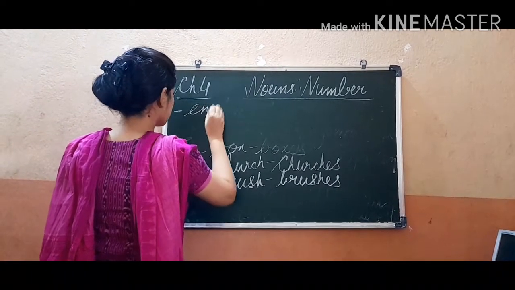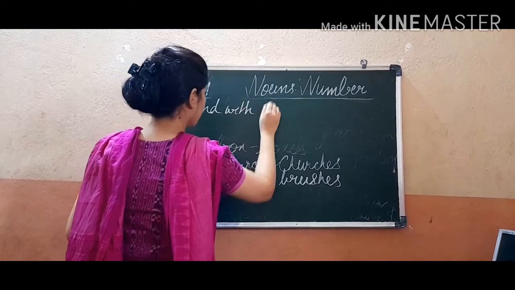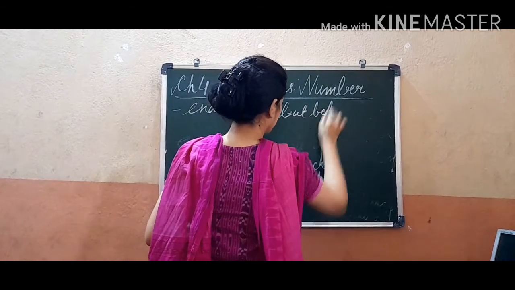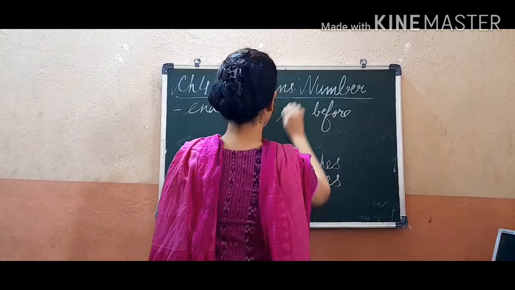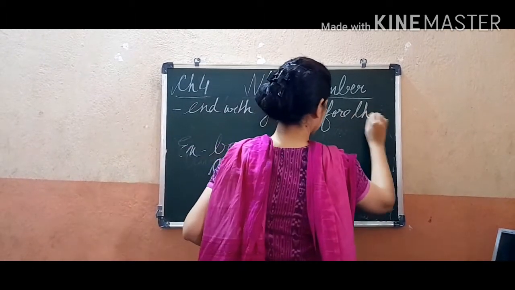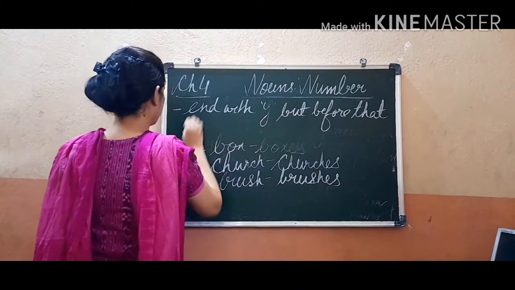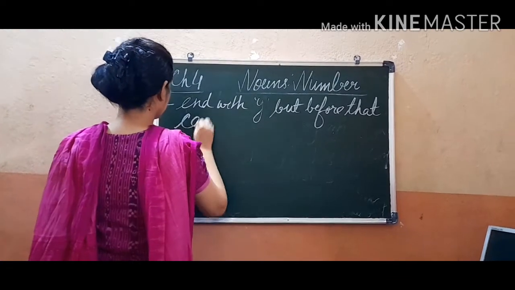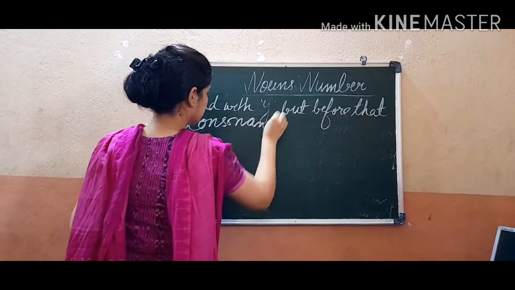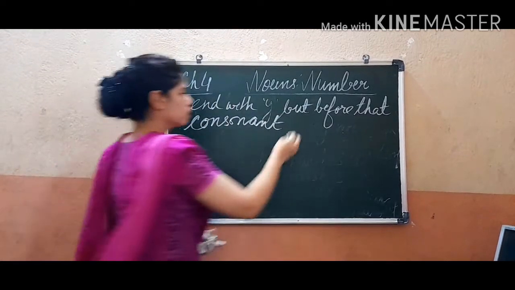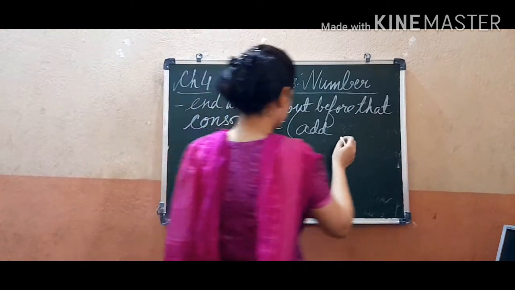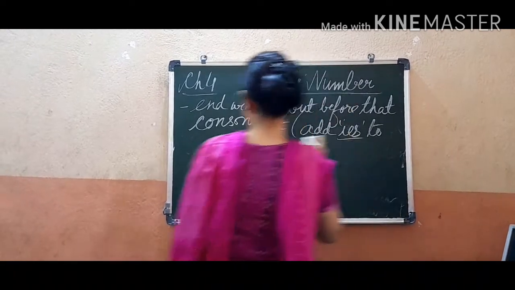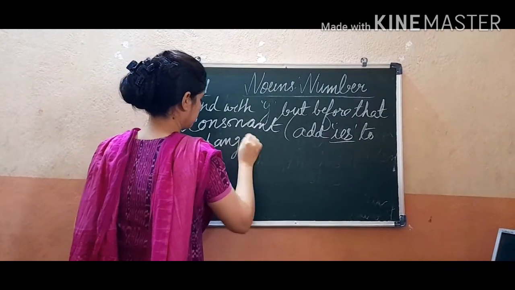So when the noun ends with y, but before that there is a consonant, add ies to change into plural.